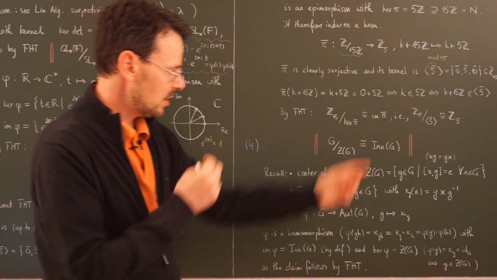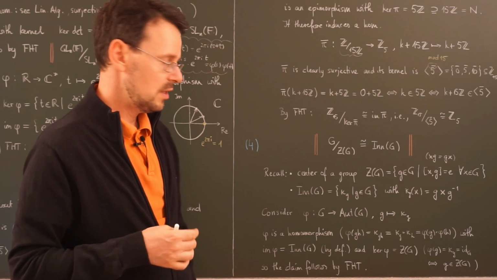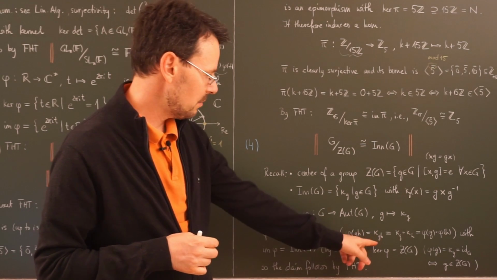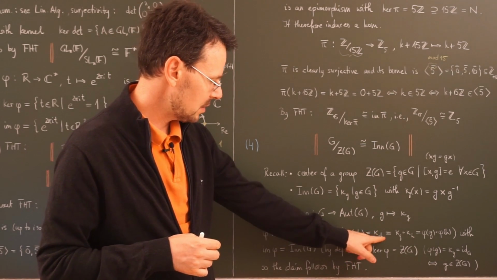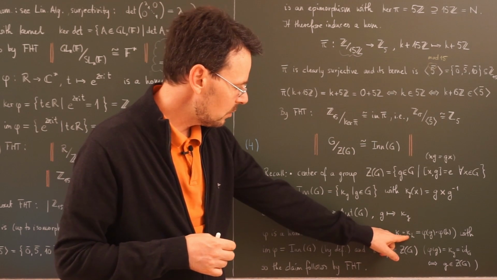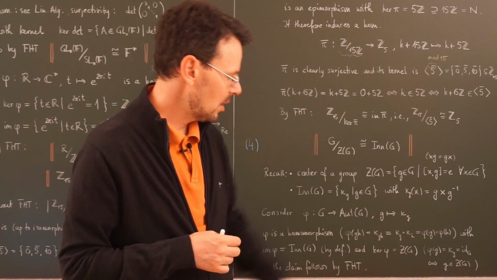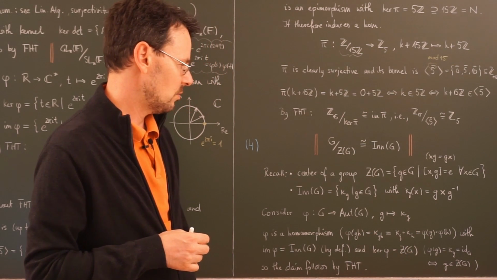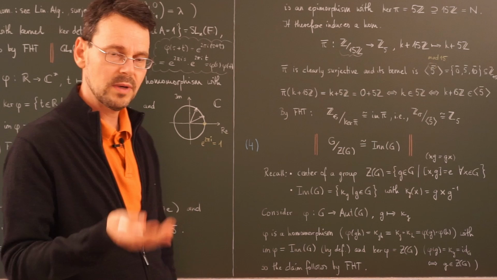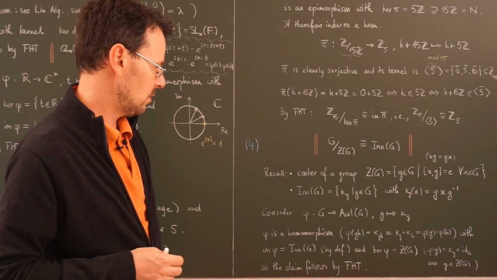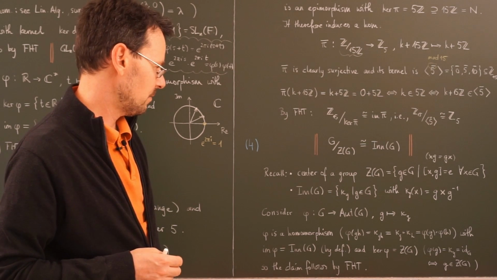And also this is not hard to see. Again, please pause the video and fill in the details yourself. This here is simply kappa sub gh. And now you need to show that this is the same as kappa sub g composed with kappa sub h. Again, not hard to do, but you should really give it a try and do it for yourself.